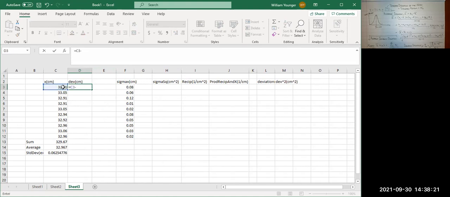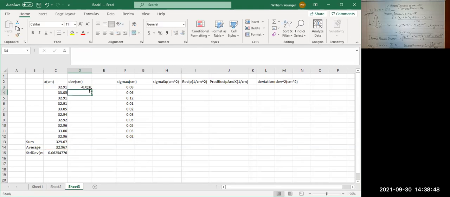minus, now the average is this number down here, the 32.967. If I just click on that, it will give me the right number. But when I drag this formula down, it's going to choose this. And when I drag it down again, it's going to choose nothingness. So I've got to put dollar symbols in front of them. So I'll put shift dollar, shift dollar. And now it'll always choose C14.